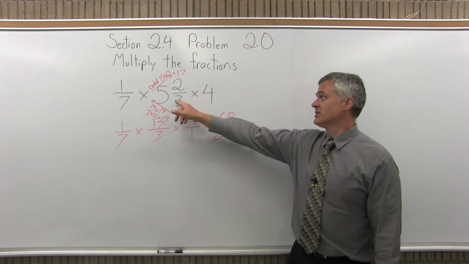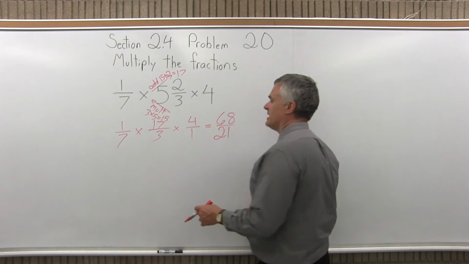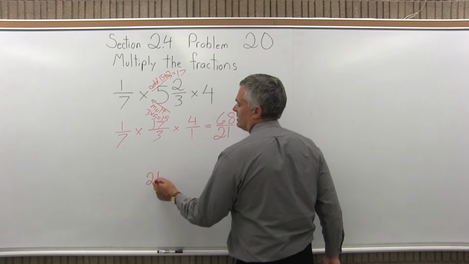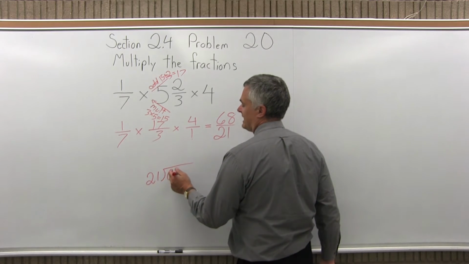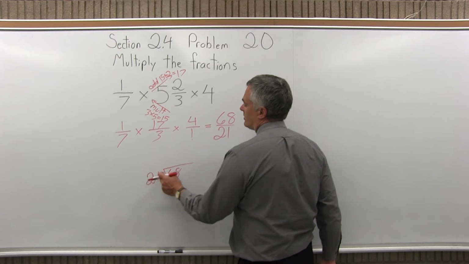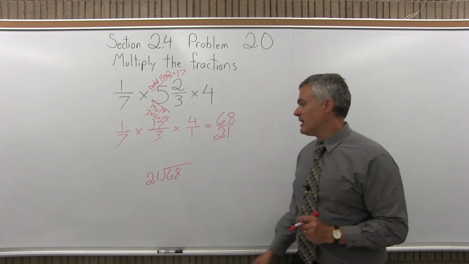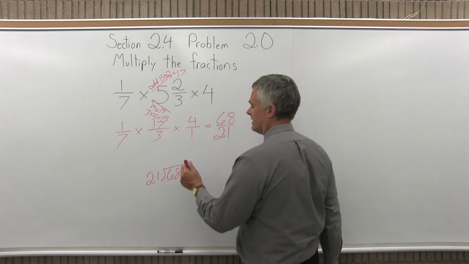Now, if they do say that you can't leave it that way, what you have to do is put it back to something in this form, a mixed number, where you have a number and a fraction combination. So the way to make that conversion is divide the denominator, in this case 21, into the numerator, which is 68. So 21 won't divide into 6 at all. 21 will divide into 68. Well, I can see 3 times 20 is 60. 3 is really the number to start with.